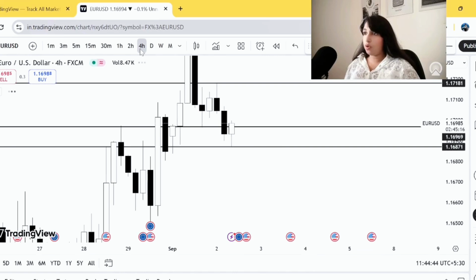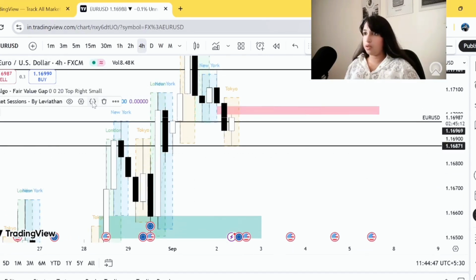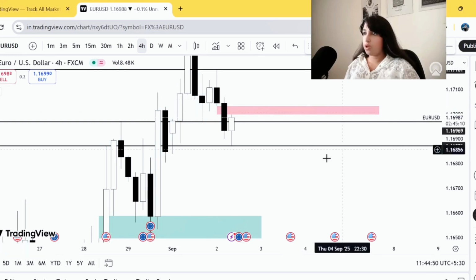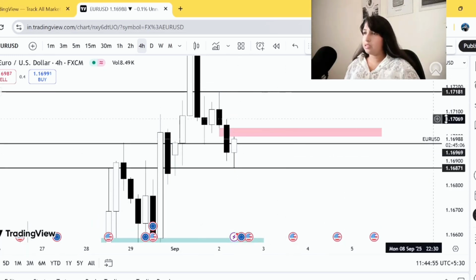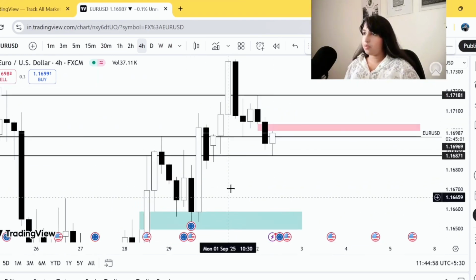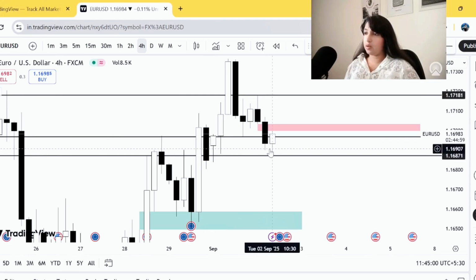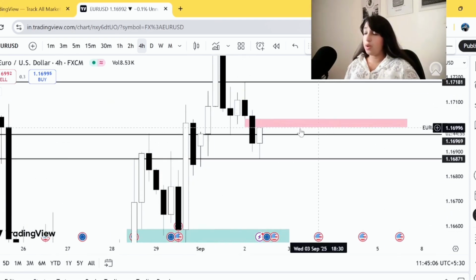On the 4 hour time frame, just a second, let me close this. On the 4 hour time frame, we see that this candle has taken the low of this candle and it's moving above and making the bearish FVG.